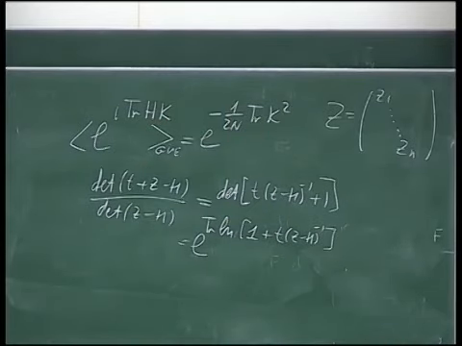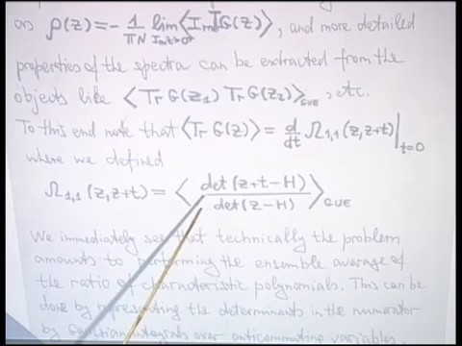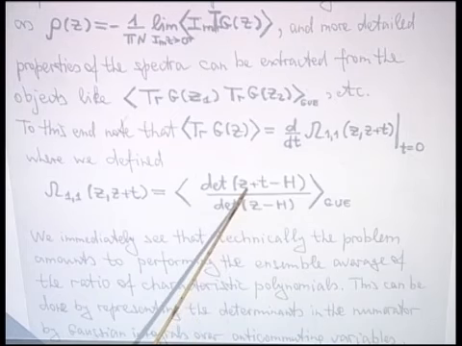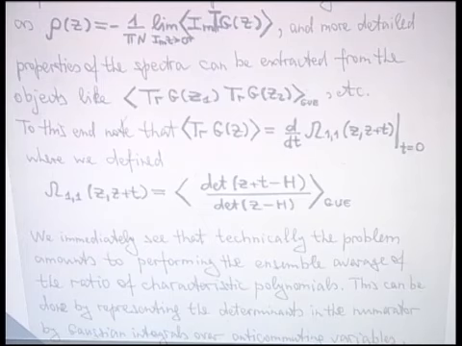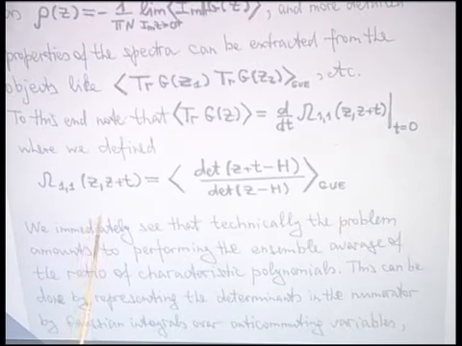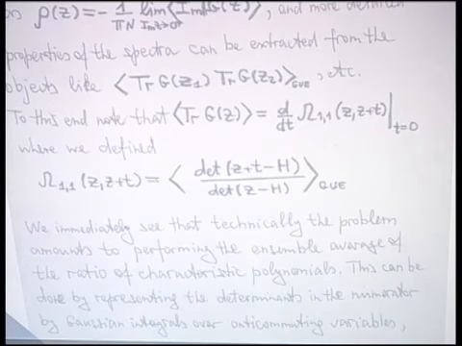The bottom line is that we need to calculate the average of the ratio of two determinants with slightly different spectral parameter and differentiate over this difference and set this difference in the end to 0. So we proceed in the way we already know.